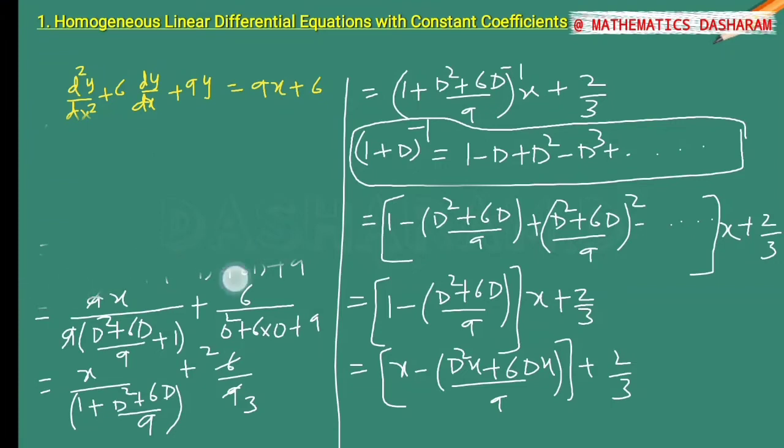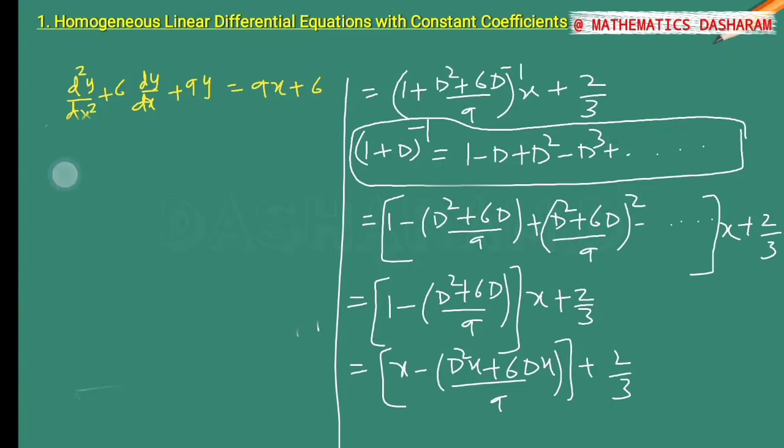So it is equal to x minus D square x, the second order derivative. D square x is nothing but d square by dx square of x, so its derivative will become 0, plus 6 times the derivative of x, that is 1, by 9, plus 2 by 3.